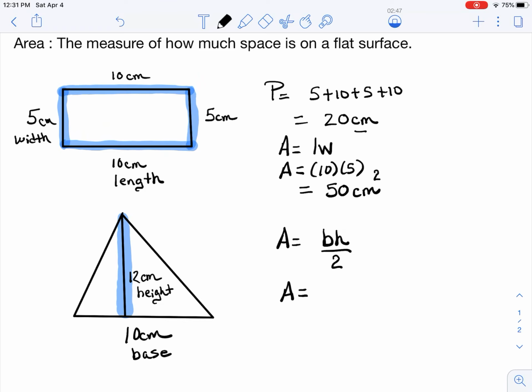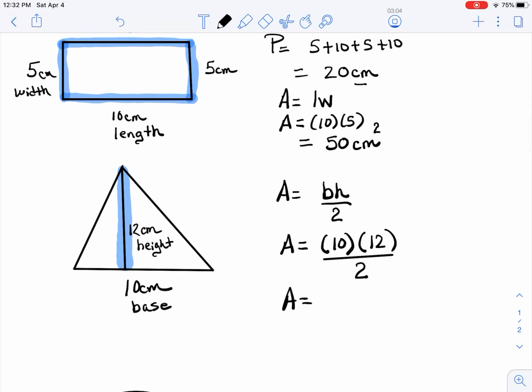So then when you're ready to take your area, you're just going to substitute 10 for base. Use a bracket every time you substitute. Same thing for height. I'm going to substitute 12. Now you could do this all at once if you wanted to, but what you want to do is do the 10 times 12.